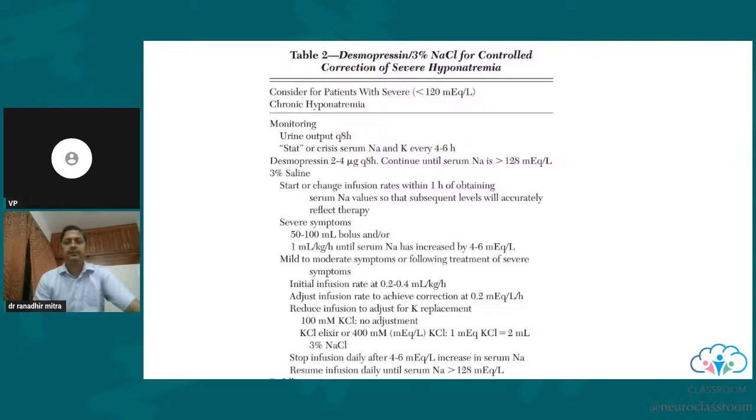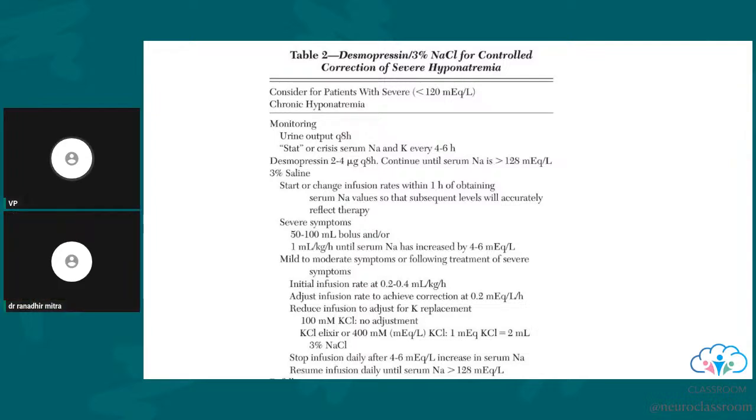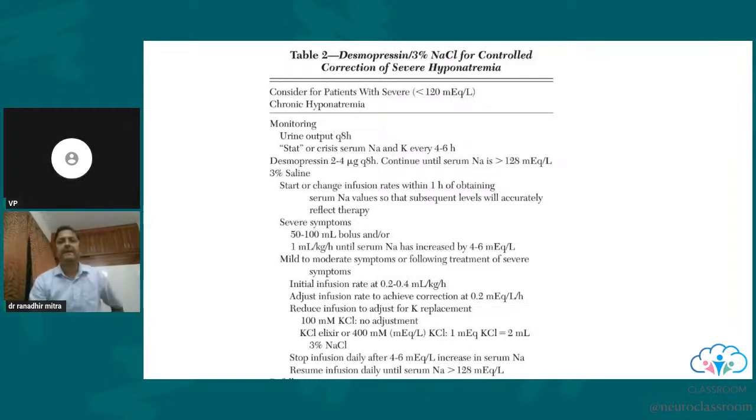So this practice I have just implemented in my institution, and it's really very helpful. It's also very important because even in a chronic hyponatremic patient presenting with severe symptoms like seizures, even if you give just 50 ml of 3% NS to alleviate the symptoms, the patient will land up in severe polyuria.